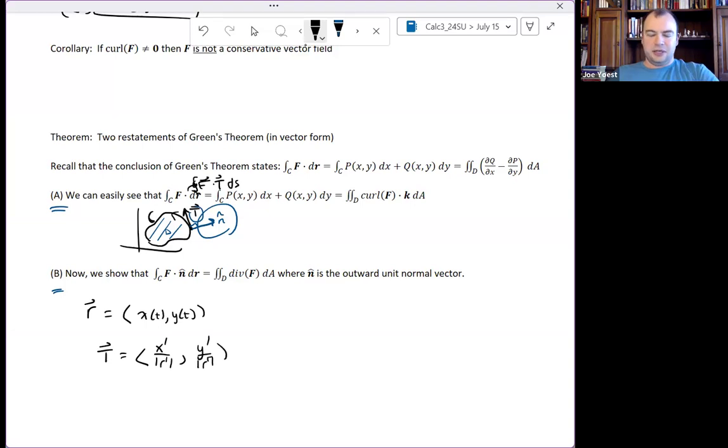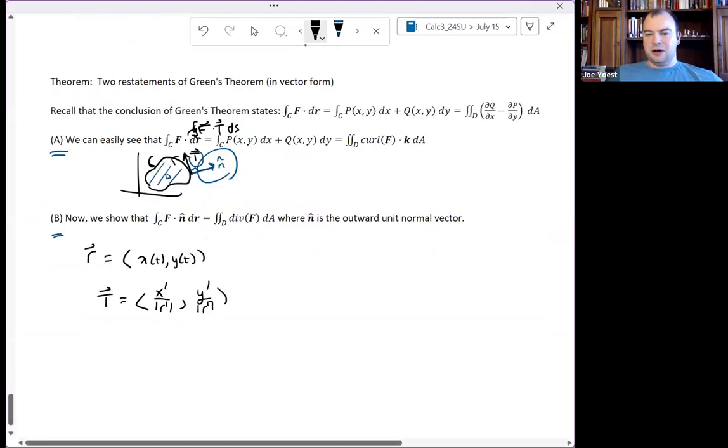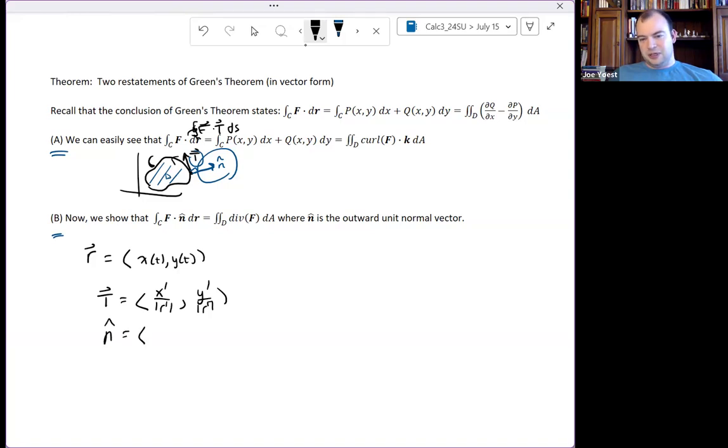I don't think any of this is really novel. Perpendicular to our unit tangent vector, we have to get it in the right way, but our normal is going to be negative y prime over length r prime, positive x prime over length r prime. So that's our unit normal. We just swap the x and y coordinates and make one of them negative, in such a way that the normal points outward.